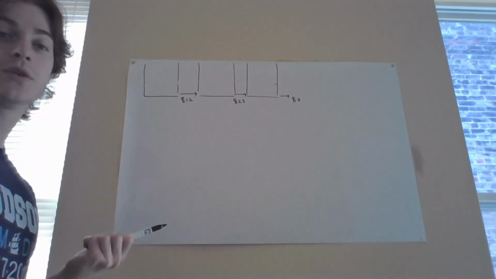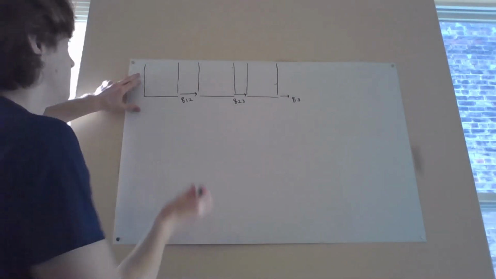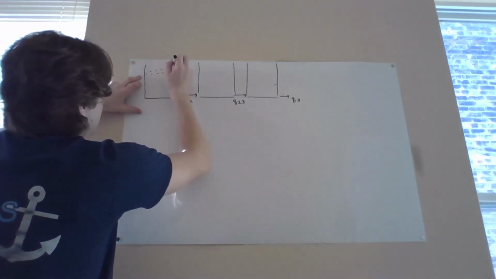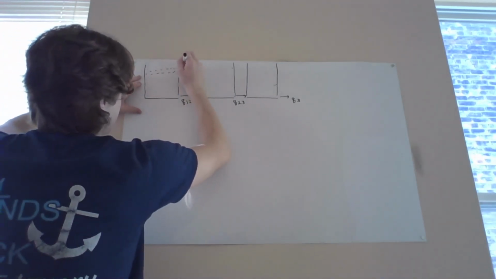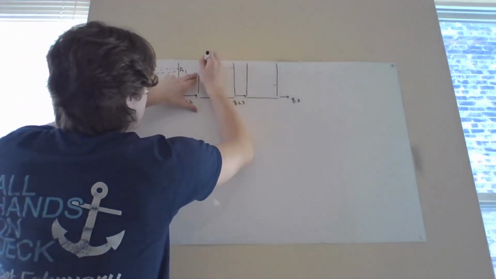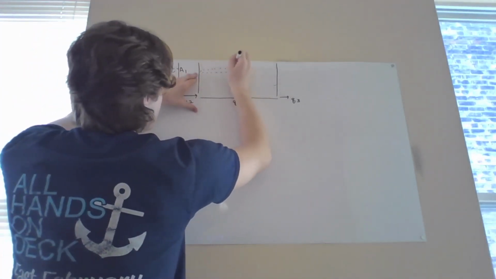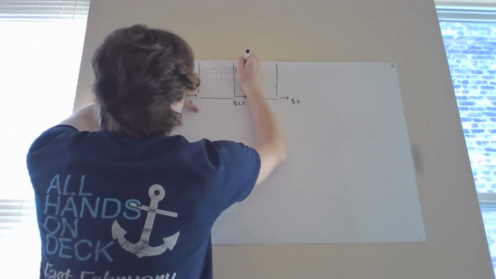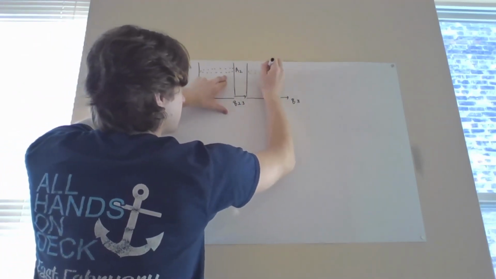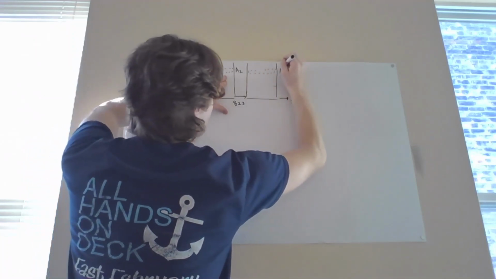So since these tanks are rigid, they have a defined cross-sectional area. So the cross-sectional area for tank 1, I will call A1. For tank 2, it's going to have some cross-sectional area, which I will call A2. And tank 3 will have some cross-sectional area, which I will call A3.